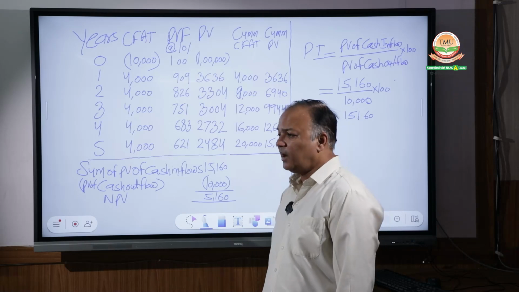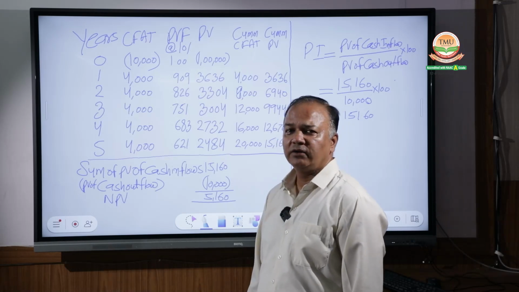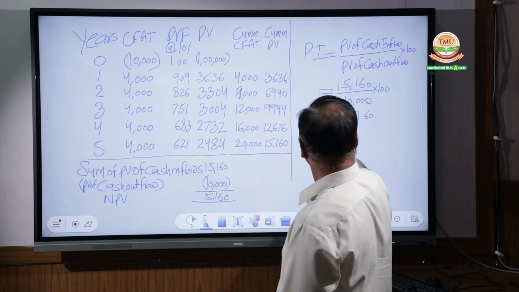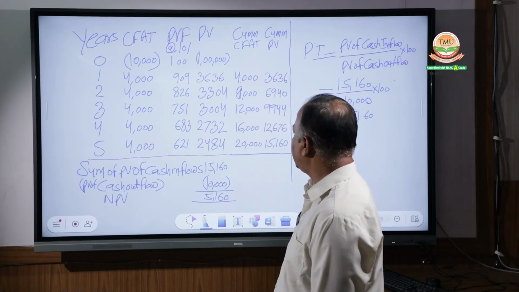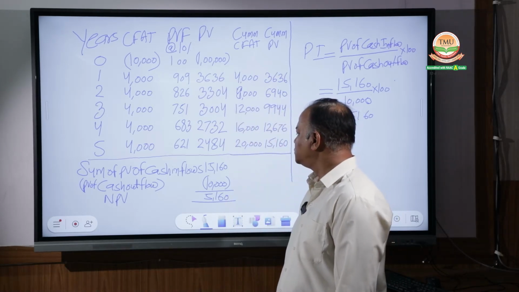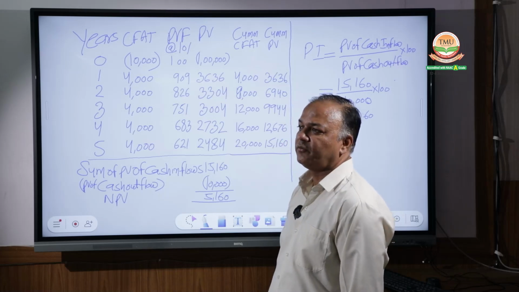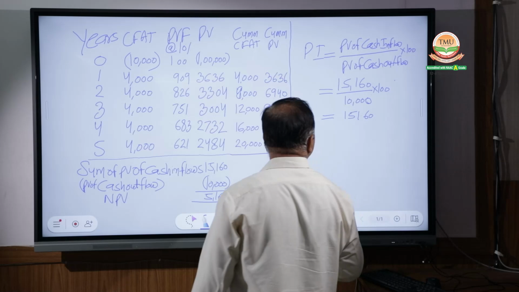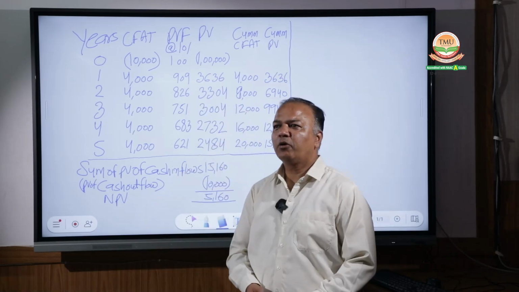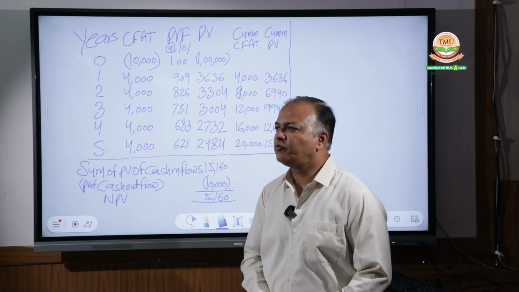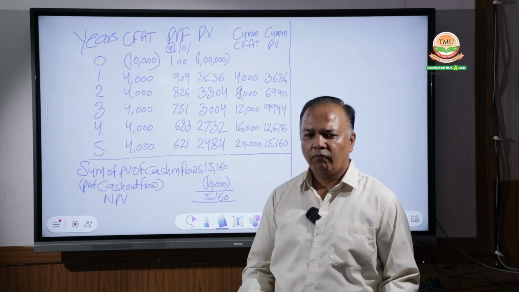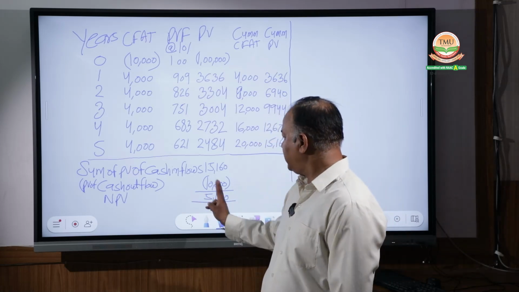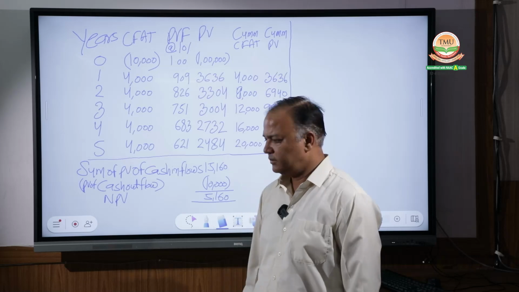Now to calculate internal rate of return, first of all, let's clear the board so that we may use the space for the calculation of internal rate of return. For calculation of internal rate of return, I have discussed that we need 2 NPVs.